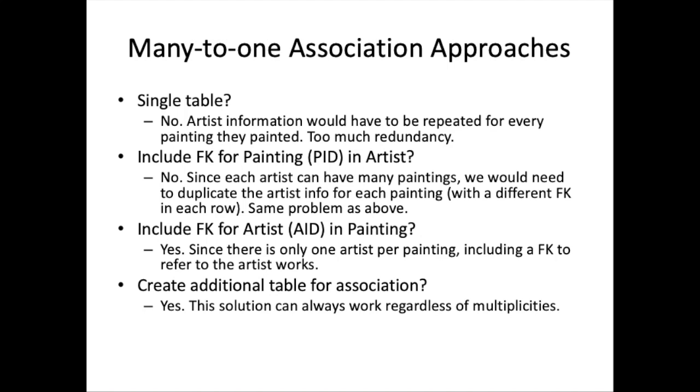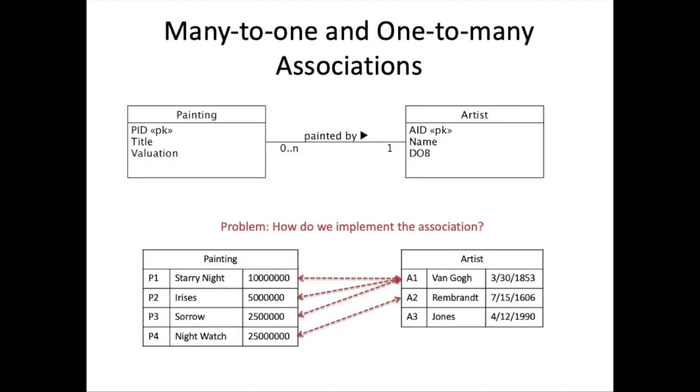And so if we combined it into one table, each row of the table would have artist information and painting information. But if the same artist painted 3 different paintings, then we'd have to have 3 rows. And the artist information in each of those 3 rows would be the same.